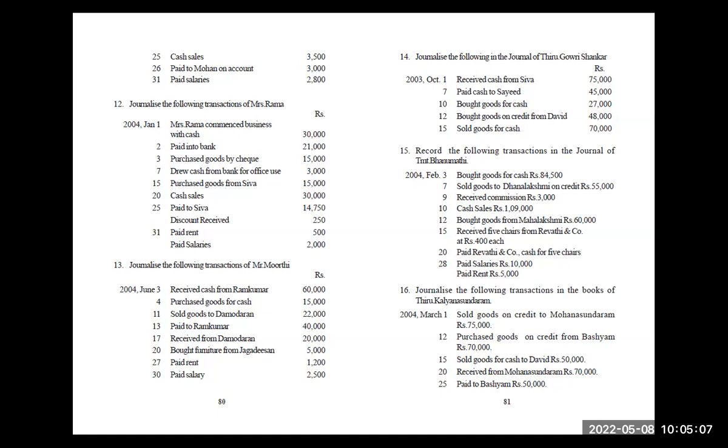When you are getting discount, credit the discount. It's an expense for you, no? It's a loss. 1,000 rupees you have to receive from me, but you are receiving only 900. I'm telling that 100 rupees you keep it with you, it's a discount for you. You are telling that to me. So it's a loss for you.